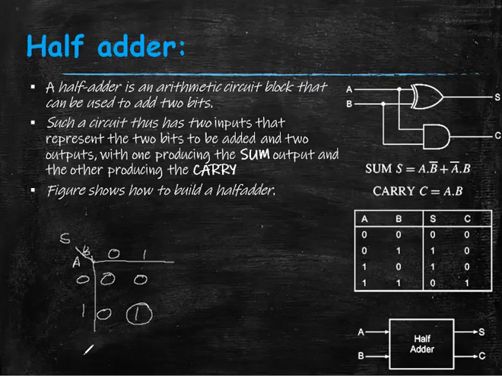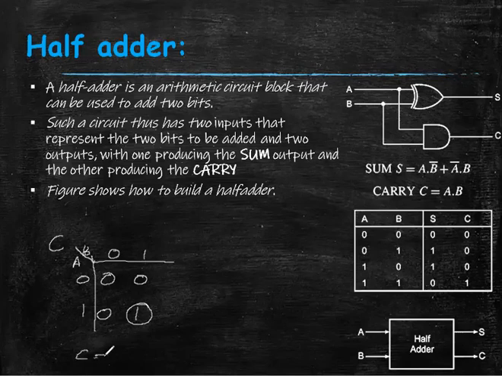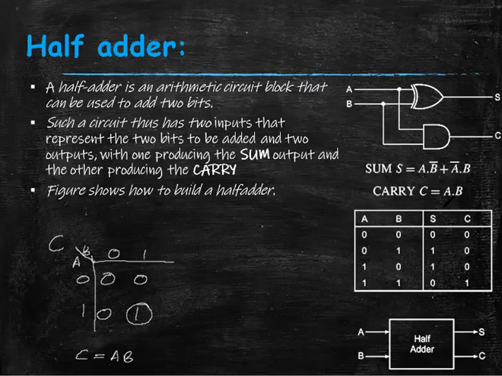Then we write the output for carry C is equal to, this represents A is 1 and B is 1, that is AB. So carry C is equal to A and B.